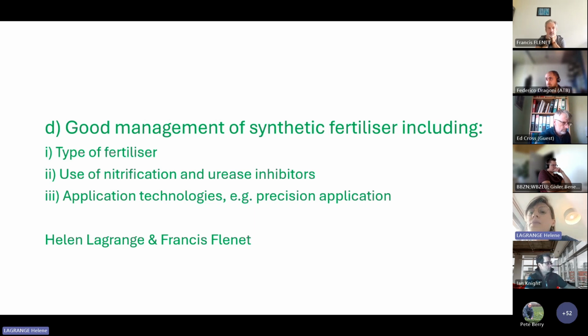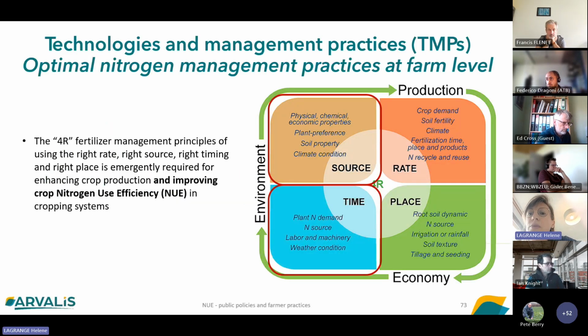So I show you some results and examples. You may know these 4R principles: right weight, right source, right timing, and right place. And the aim behind that is to improve crop nitrogen use efficiency. We talked a bit about the right place when we talked about organic fertilizers.